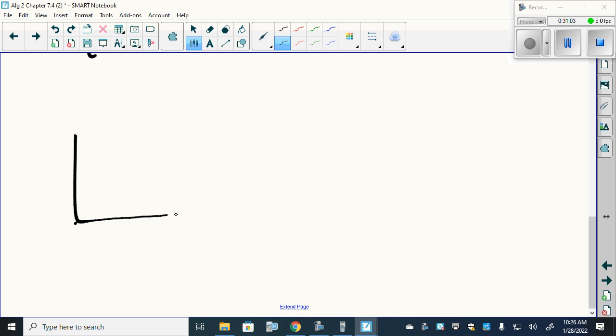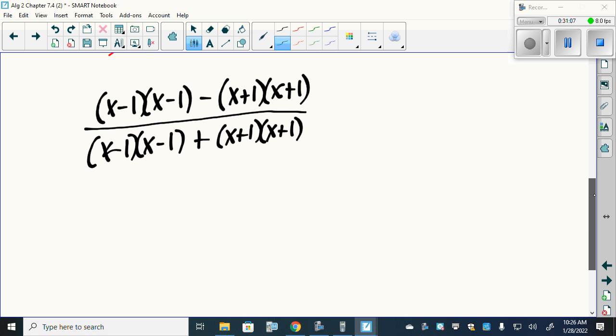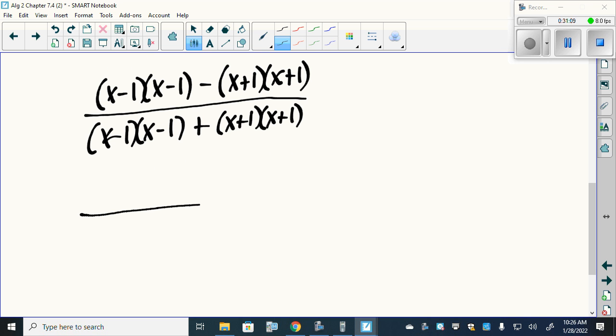So the numerator, I had a feeling it would do that. Now for x minus 1 times x minus 1, x times x would give us x squared, minus 2x or minus x minus x plus 1 if we multiplied it out, which would give us x squared minus 2x plus 1.